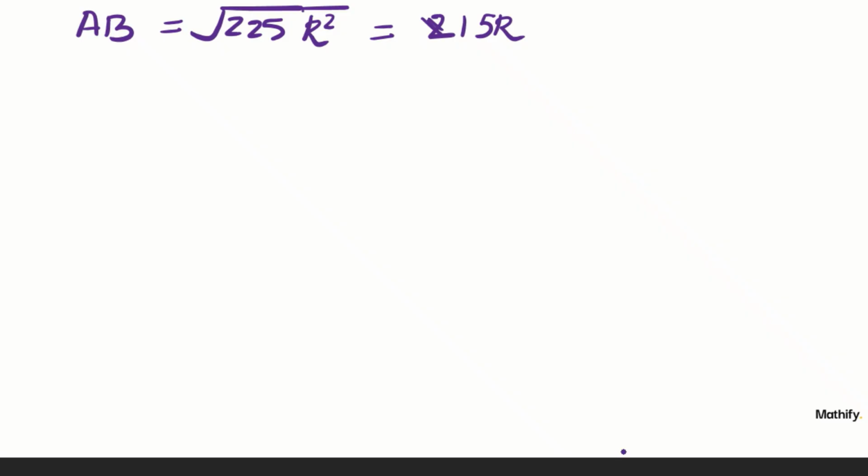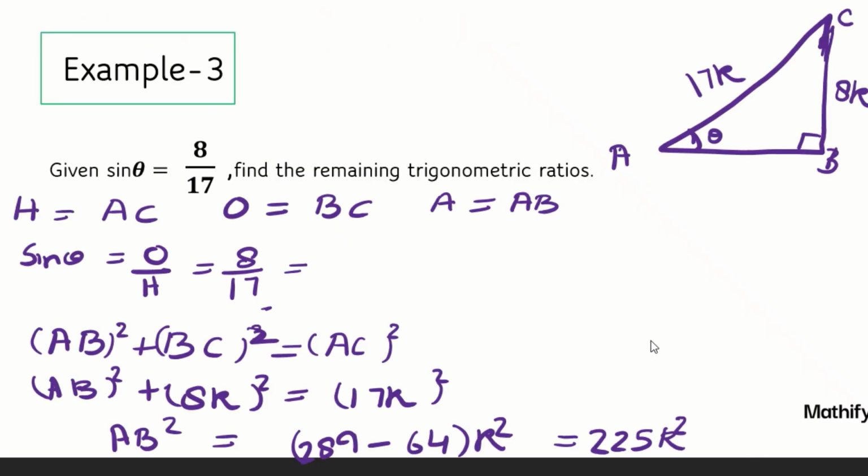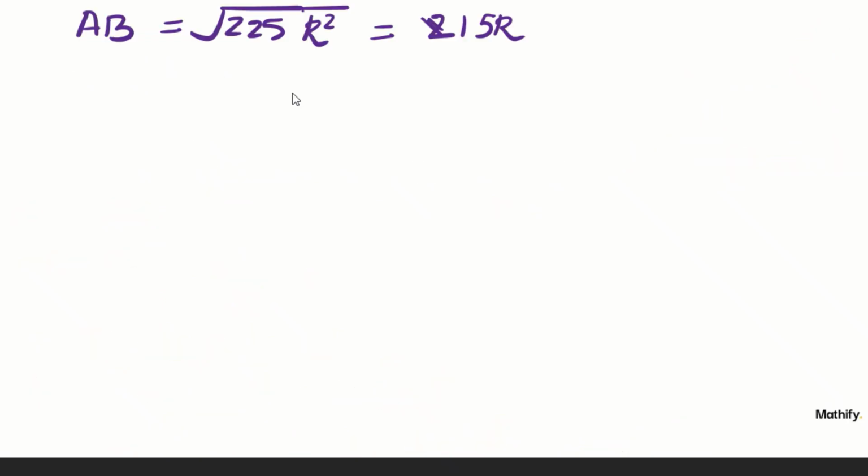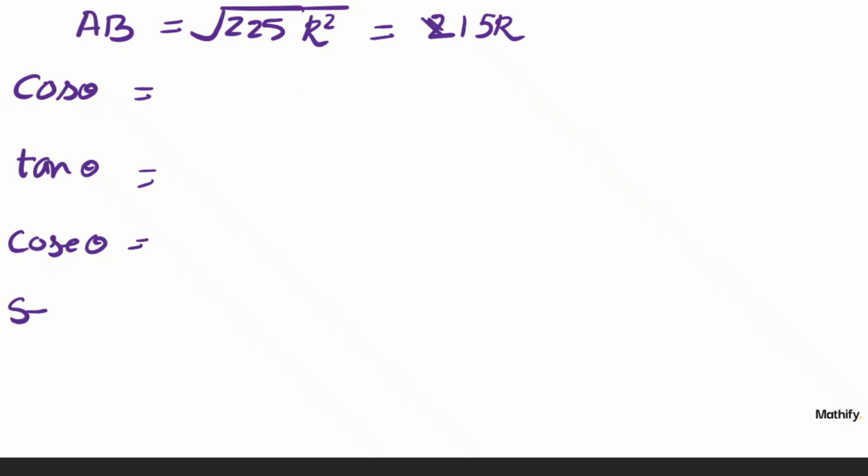Now we have to find all the ratios. So, this will become 15K. Okay. Now, we have to find all the ratios: cos theta, tan theta, cosec theta, sec theta and cot theta.